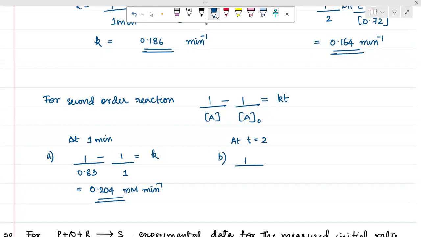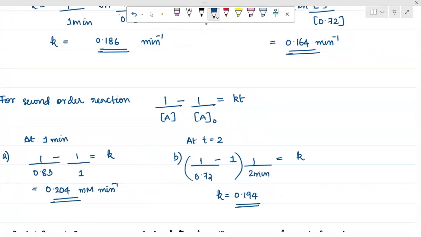You have 1 by 0.72 minus initial concentration 1, so it's not going to change, into 1 by time. Time over here is 2 minutes, and that is equal to the rate constant. So when you solve this, you will get the rate constant is equal to 0.194. Now they're very close. So if you have a confusion, you can try it once again.